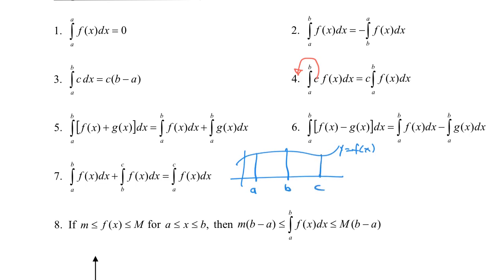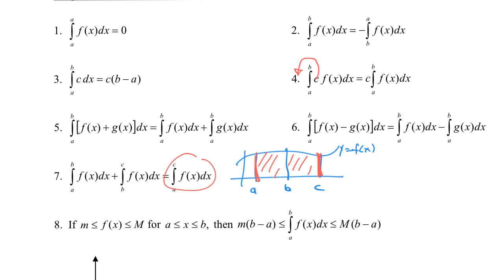This is just saying the integral from a to b plus the integral from b to c is equal to the integral from a to c. So if you add up this one and this one, it'd be the same as if you just looked at the whole integral, right? You can split them up into two pieces, in other words.